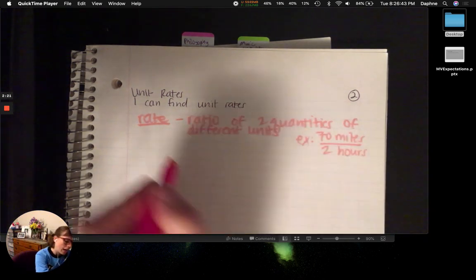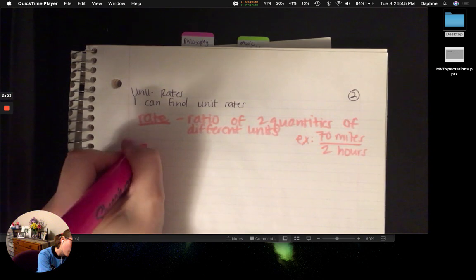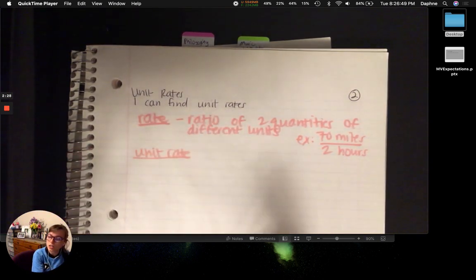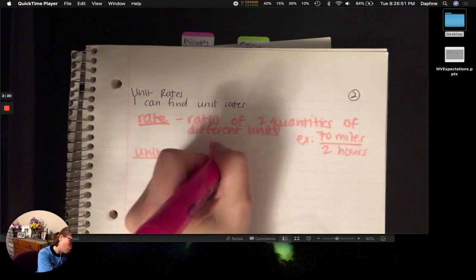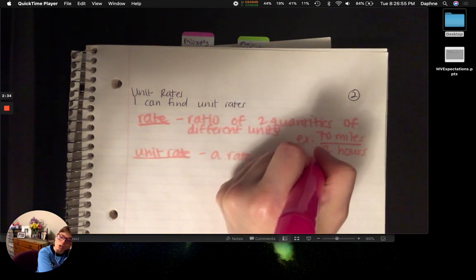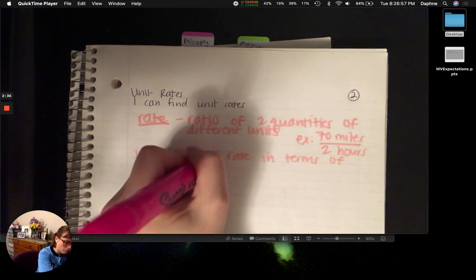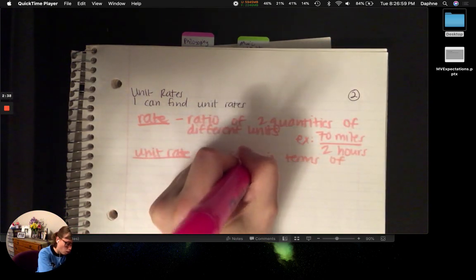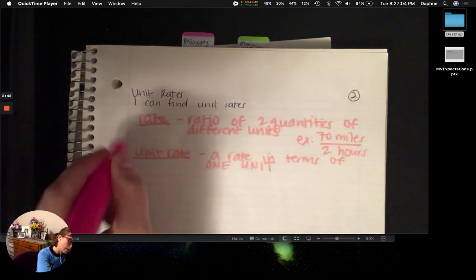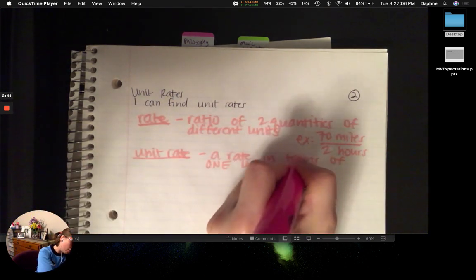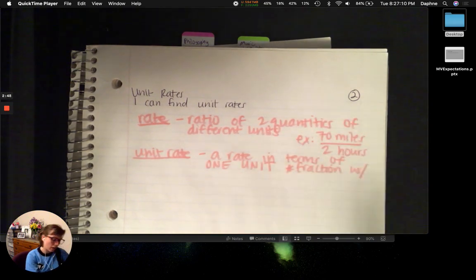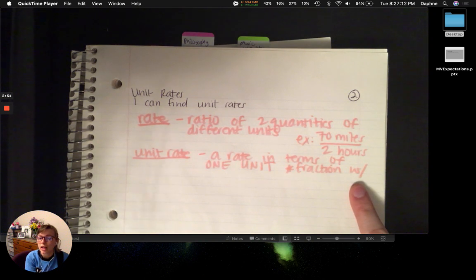Okay. And a unit rate is a special type of rate. It's a rate in terms of, I'm going to put this in all caps, 1 unit. Okay, this means that it is a fraction with, now this W/ is shorthand for with.